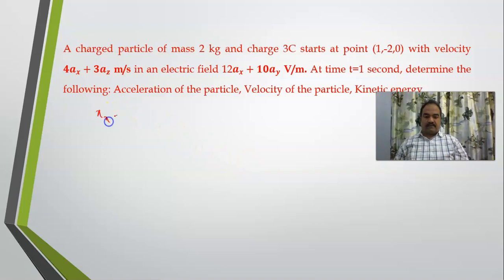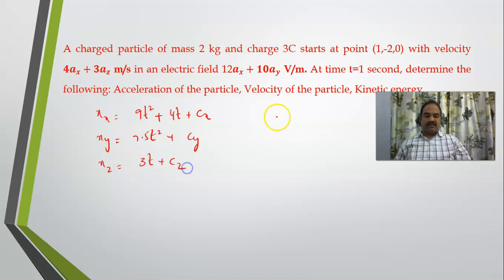What was x? Yes, it was 9t square plus 4t plus cx, right? y was 7.5t square plus cy, whereas z was 3t plus cz. Initial condition was at time t is equal to 0, initial position 1 comma minus 2 comma 0.